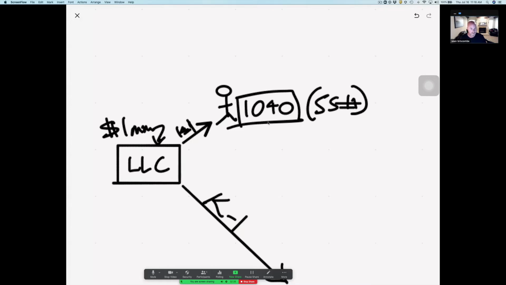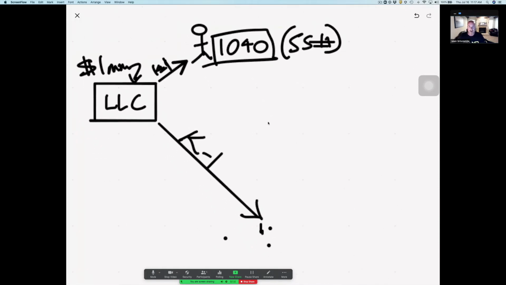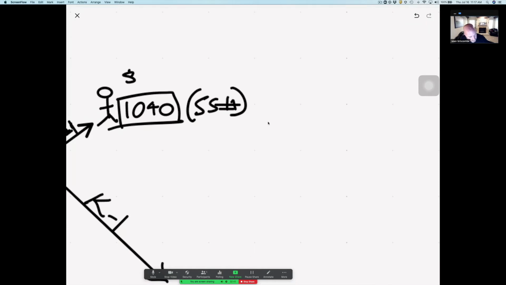You distribute $40,000 to yourself, or let's just call it for simplicity's sake, $100,000. So $100,000 goes on your 1040. You take some of the child care deduction, you take some normal standard deductions possibly, and you pay tax on whatever that money is. All right. So you take $100,000 as income. Let's do that. $100,000. And that goes on your 1040.